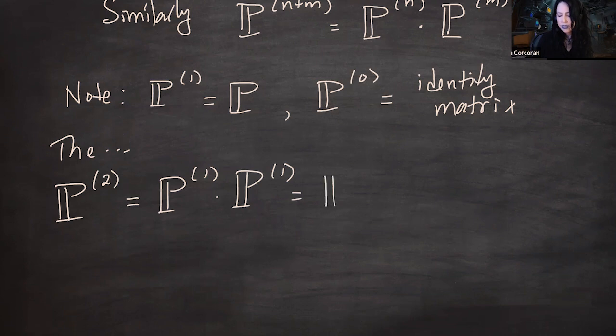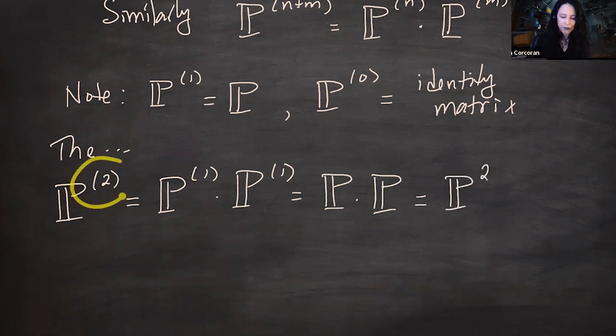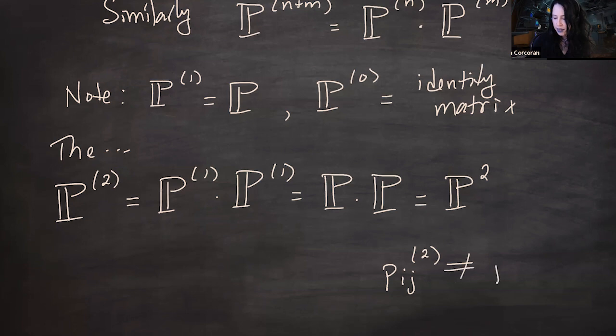And that is just the original matrix, P times P. So this is the original matrix squared. Two-step transitions you can get by squaring the matrix. The individual probabilities don't work that way. The individual probability of going from i to j in 2 time steps is not the probability of going from i to j squared, which is why I'm really sad about how Durrett wrote that in his book.